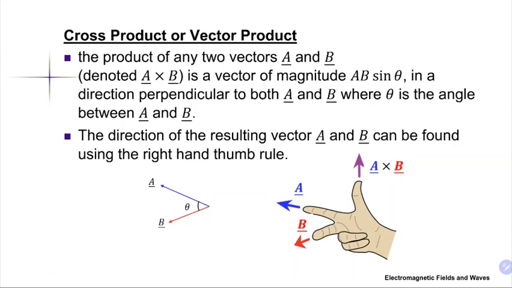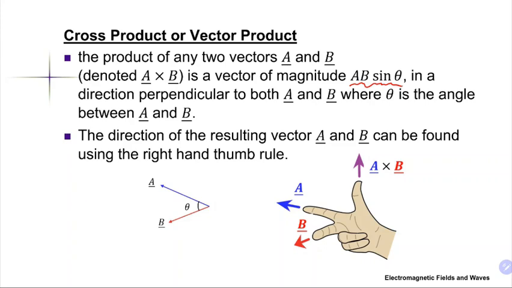And the magnitude of that vector is given by the magnitude of A times the magnitude of B, times sine theta, where theta is the angle between the two vectors. So the previous one measured how aligned they are, and this one measures how orthogonal they are.